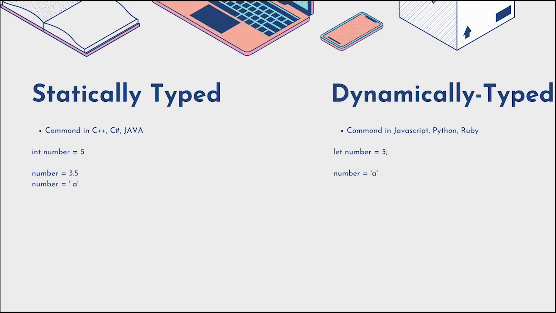So what is static typing? Static typing is pretty common in C++, C#, or Java. In summary, if you have done Java before, you have ways of declaring a variable, for instance, an int for a number, like we are seeing in the example, but it's not mutable.